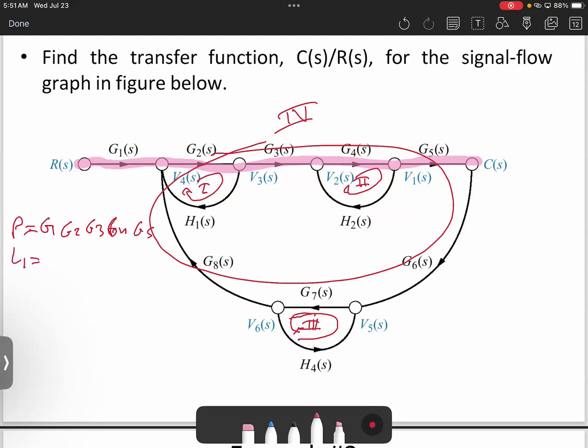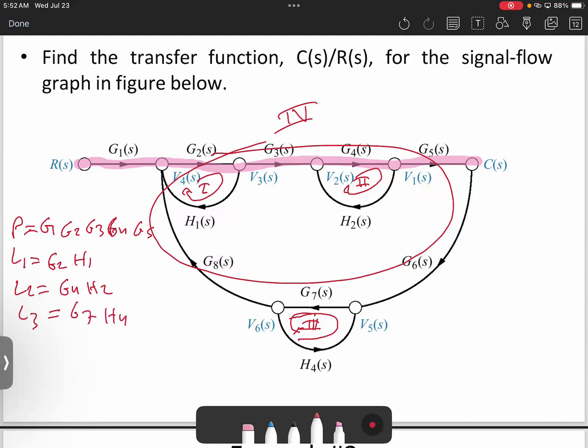Loop 1, it is what? G2, H1. Loop 2, G4, H2. Loop 3, G7, H4.